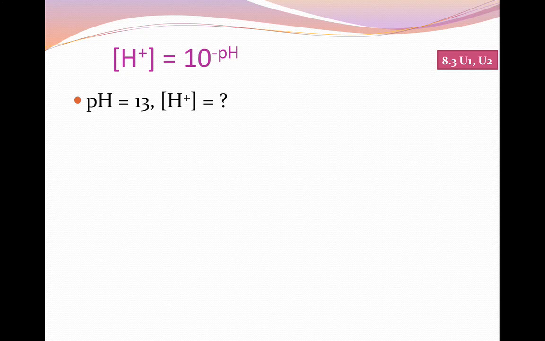So if I have a pH of 13 and I want to know the concentration of H+, I'm going to do 10 to the negative 13. And my answer is 1 times 10 to the negative 13. Our second set of key markings over there is what we would do depending on which calculator you have.